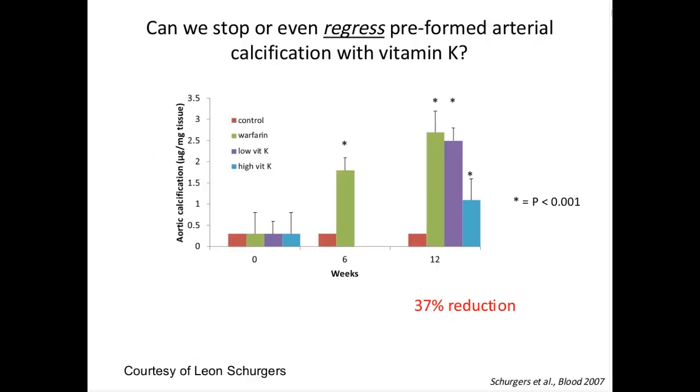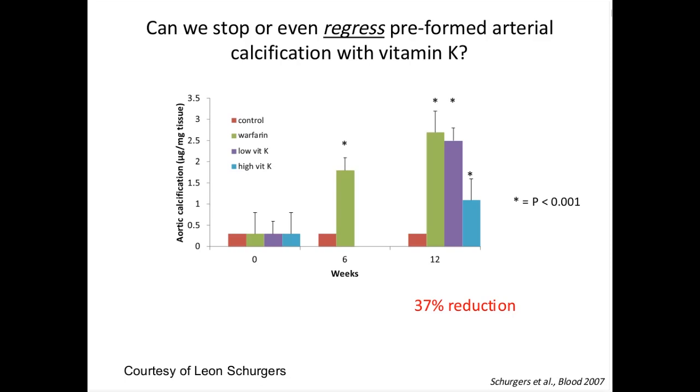Now, getting back to vitamin K, what they have shown in these animal studies is that when you give animals warfarin, which remember blocks the effect of vitamin K, in 6 weeks of taking warfarin, these animals have a lot of aortic calcification. In other words, blocking vitamin K appears to increase calcification in these animals.